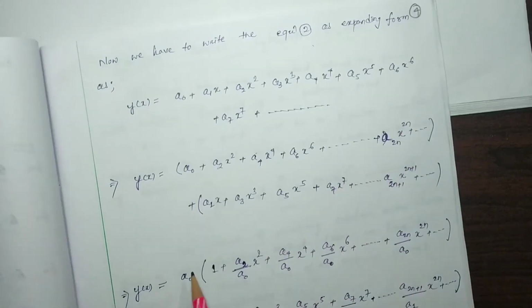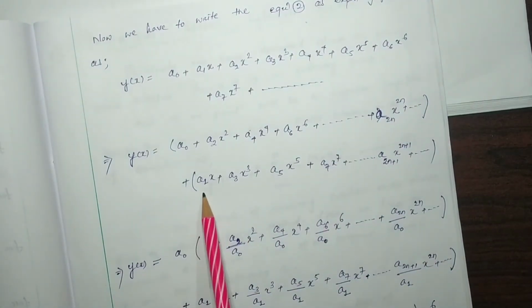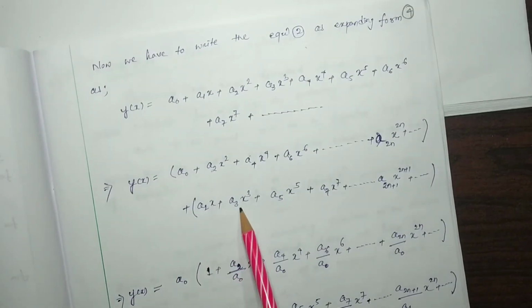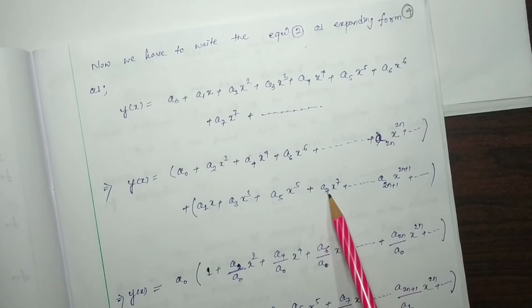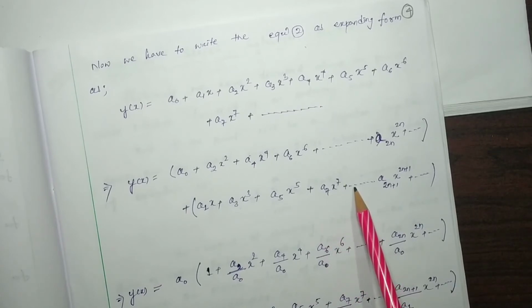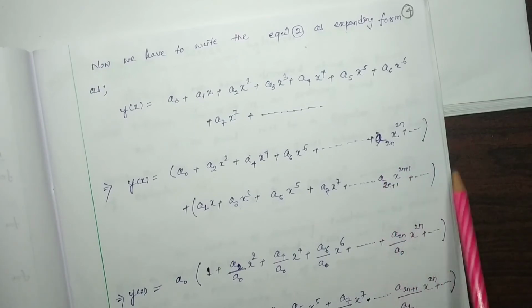And the odd terms are a1x plus a3x cube plus a5x to the power 5 plus a7x to the power 7, and the general term can be written in this form, and so on.